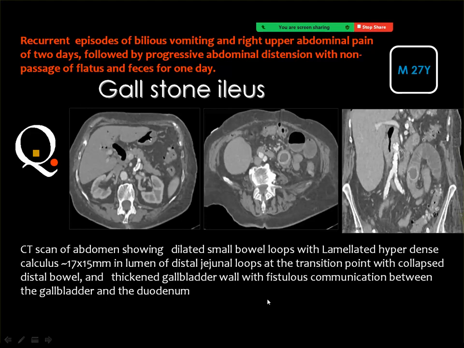This triad is pathognomonic for the diagnosis of gallstone ileus. And some of the surgeons feel that gallstone ileus is rare in clinical practice. I say no. We frequently see cases like this during the daily work, and this is not a rarity.